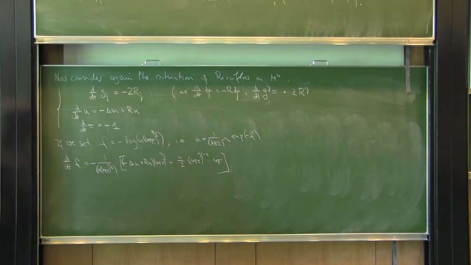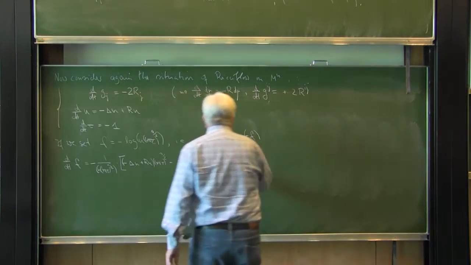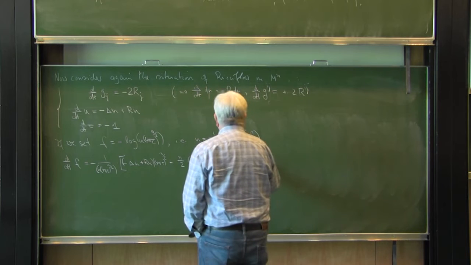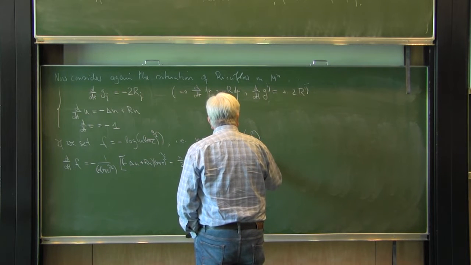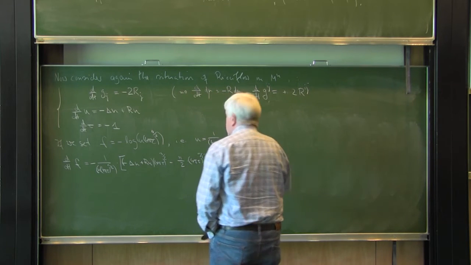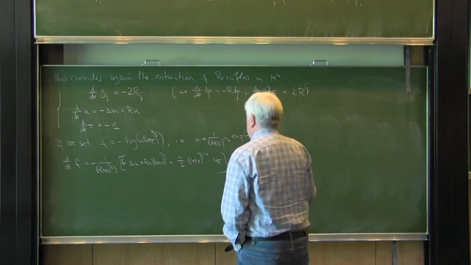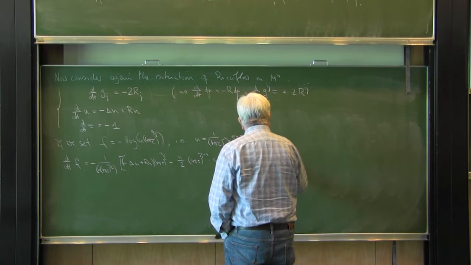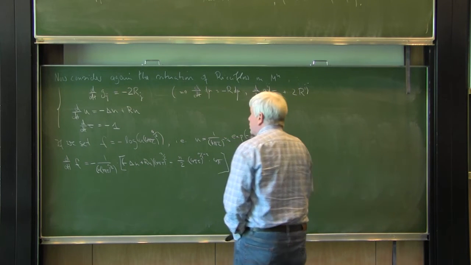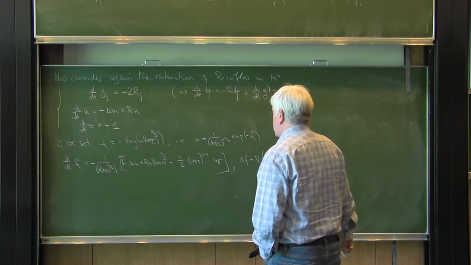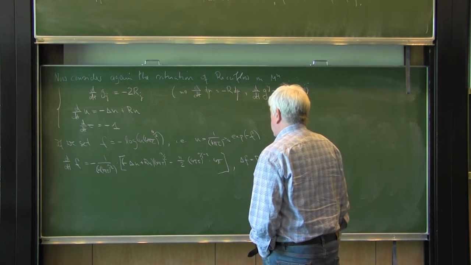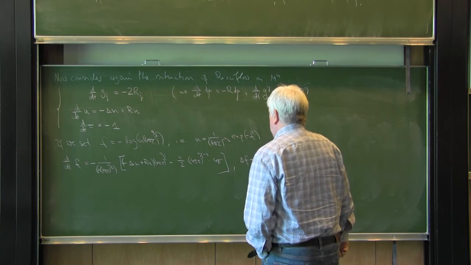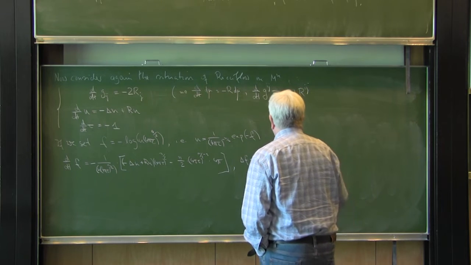That's what we get. And on the other hand, the Laplacian of f is equal to di of minus 1 over u di u.